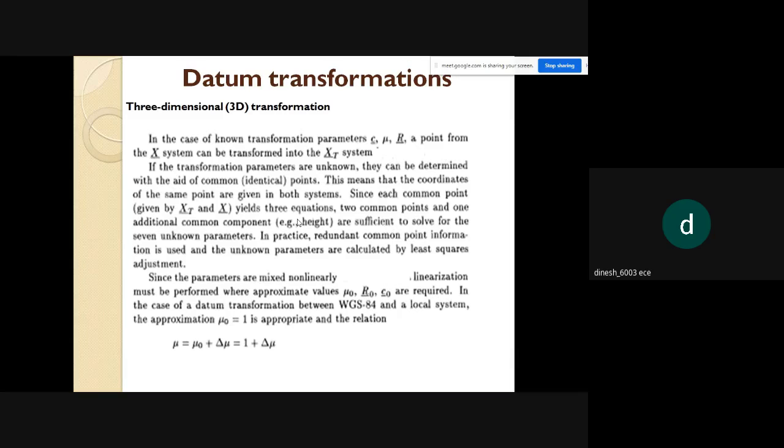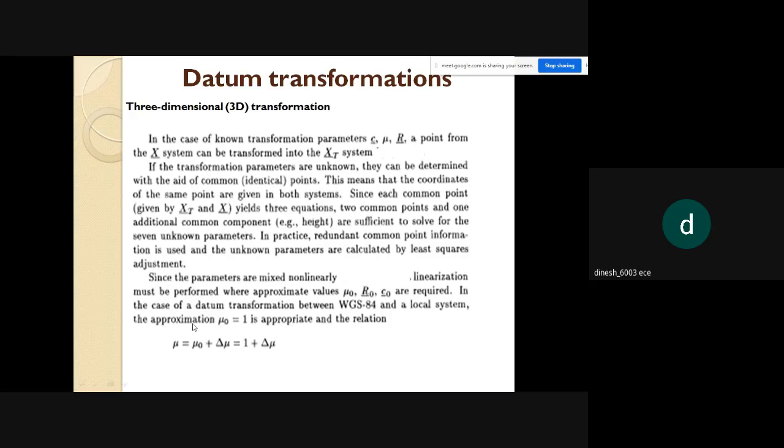This redundant common point information is used to determine the system's parameters by the least squares method.